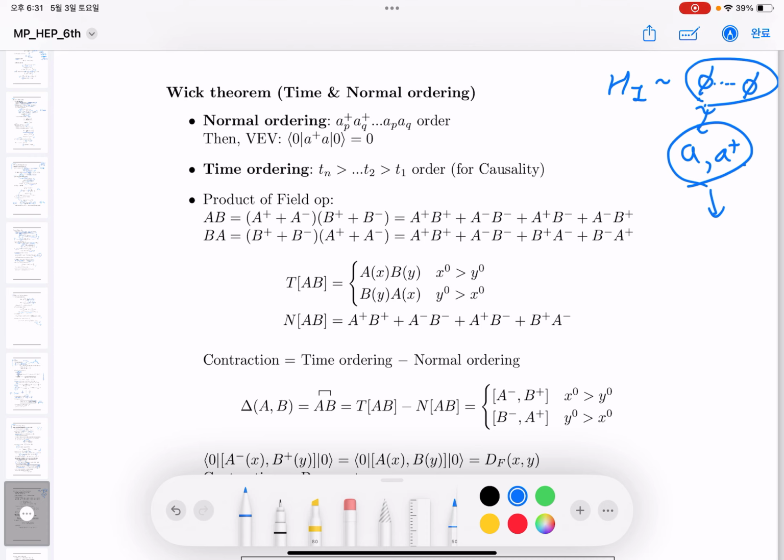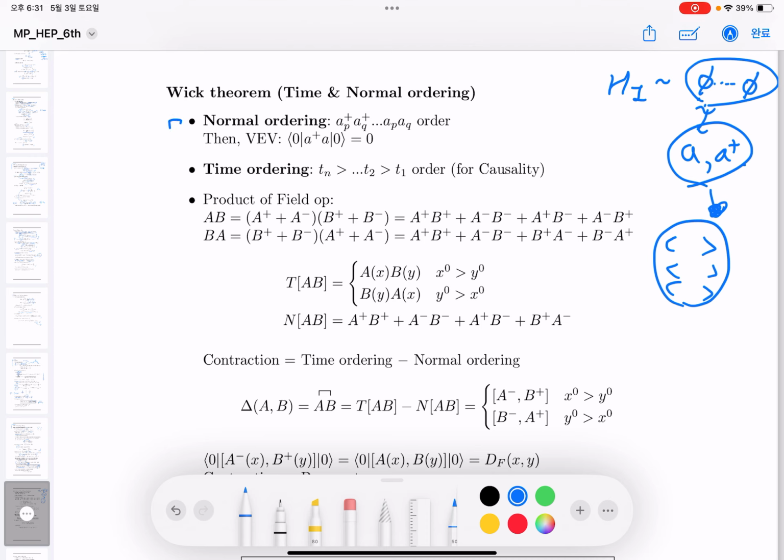But we can decompose the n-point correlation function into a product of several propagators, which are 2-point correlation functions. So the point is that the n-point correlation function can be decomposed into multiplications of many propagators. To do that, we will consider things at the ladder operator level.